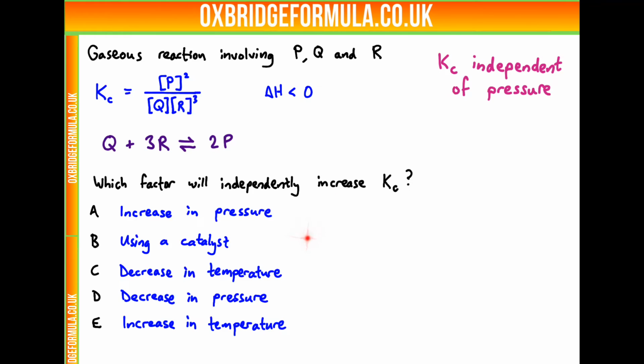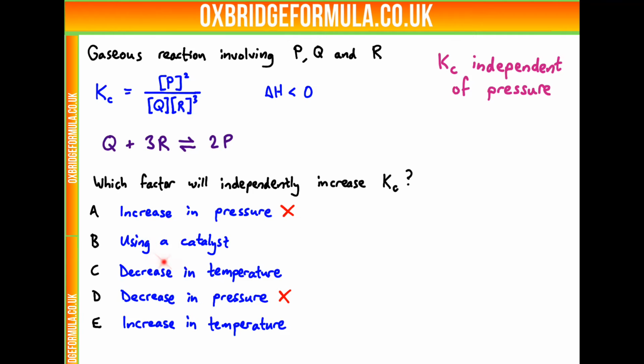And so, regardless of how we change the pressure, Kc, as a rule, is not going to change. So that means we can immediately mark A and D as definite wrong answers, because we know from our studies that Kc never changes with pressure. The thermodynamic reasons behind that are rather complex, but this is just a good thing to remember.